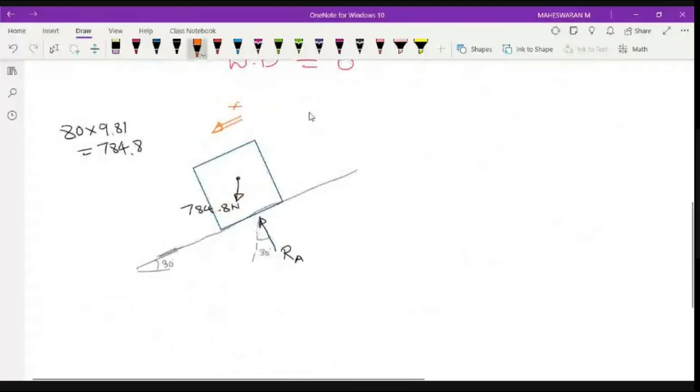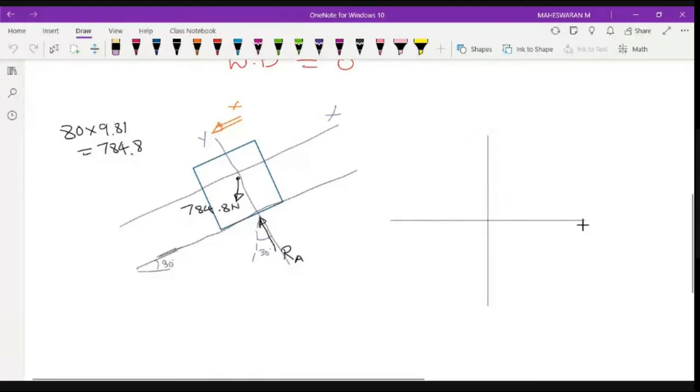So what I'm going to consider is this block. This is my x-axis. This is my y-axis, inclined in an inclined manner. Now, if I consider what is my graph for this, you can see that this is 30-degree, so this side will be 30-degree.